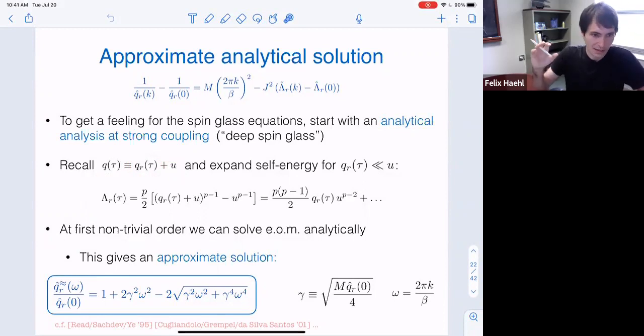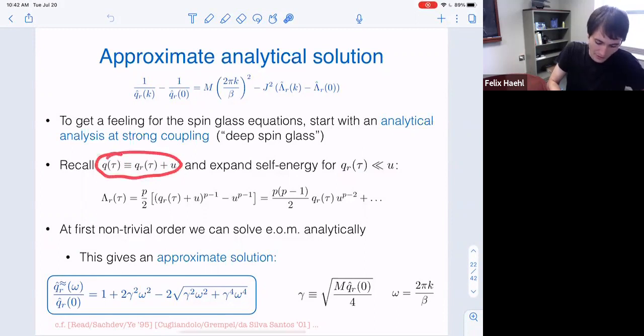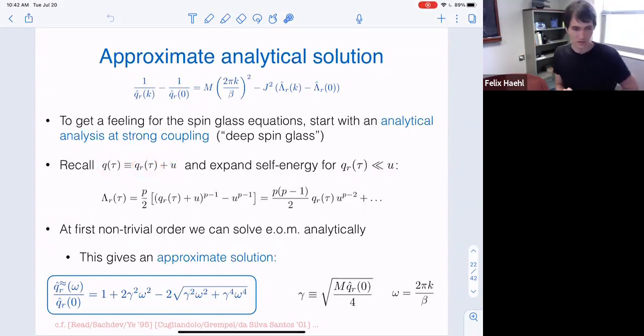And in a particular strong coupling limit, deep in the spin glass phase, this QR is much less than U. So this diagonal part of the two-point function matrix is dominated by the constant U, with relatively small fluctuations on top of that.